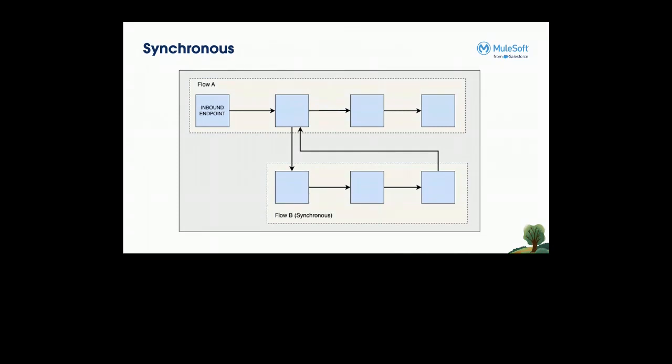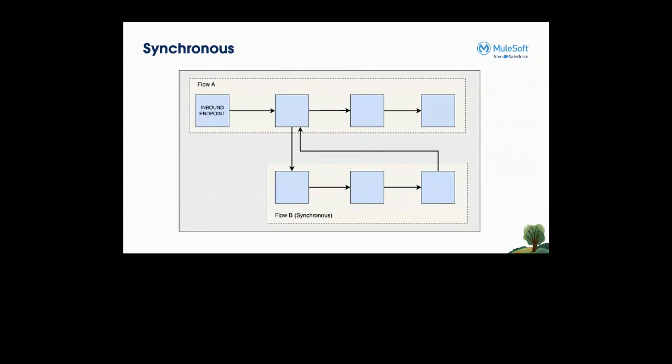Now what synchronous will do is the event will wait. So the event will wait here in the second block until block B is completed. It will wait for the response of block B to come back, and if there are no errors and we get the success response, then only it will go to blocks C and D.